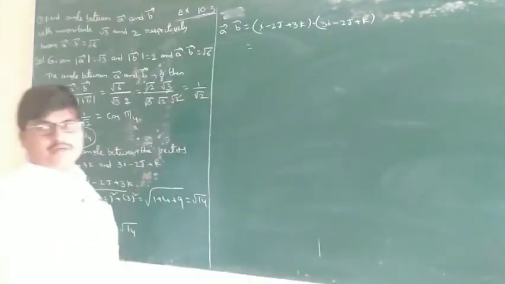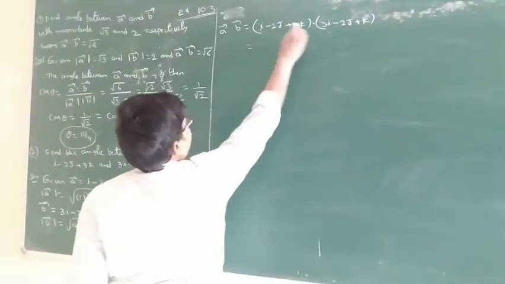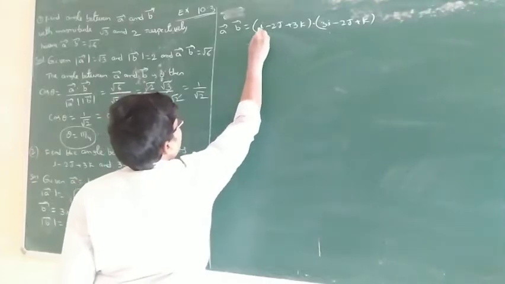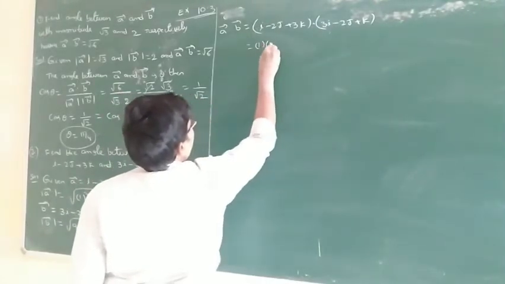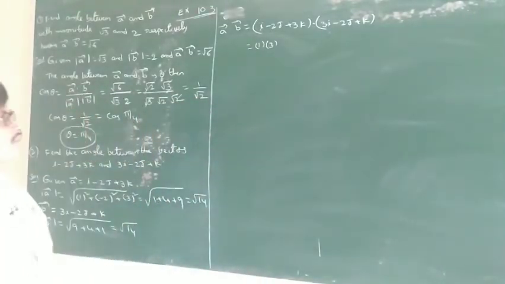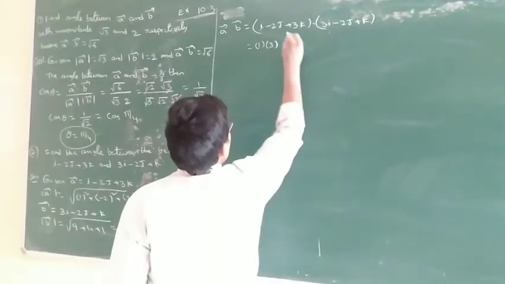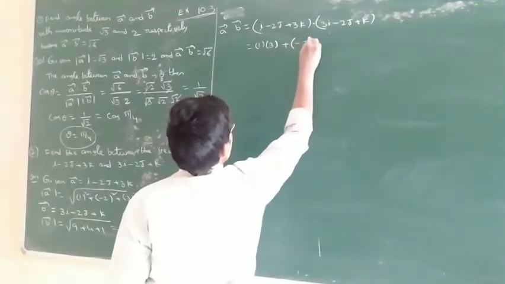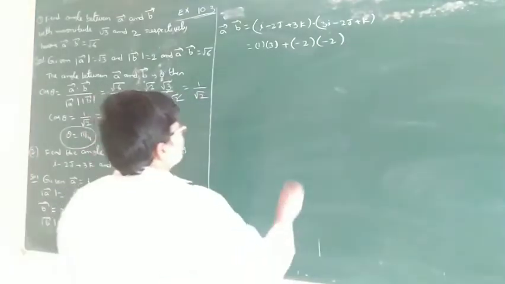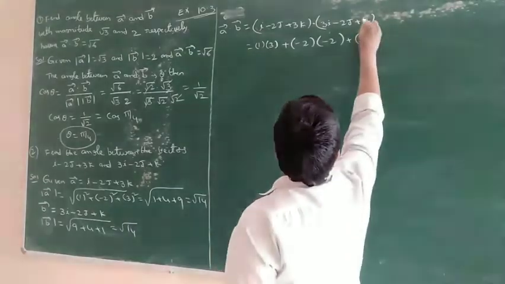Multiply the i component of the first vector with the i component of the second, plus the j components, minus 2 and minus 2, plus the k components, 3 and 1.